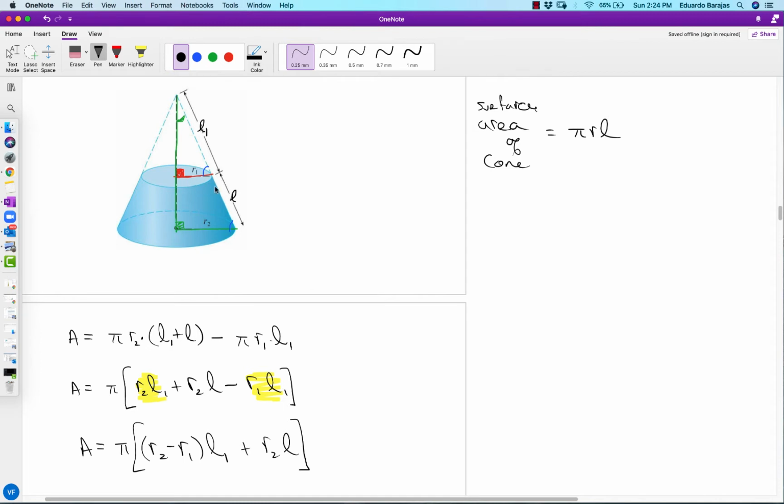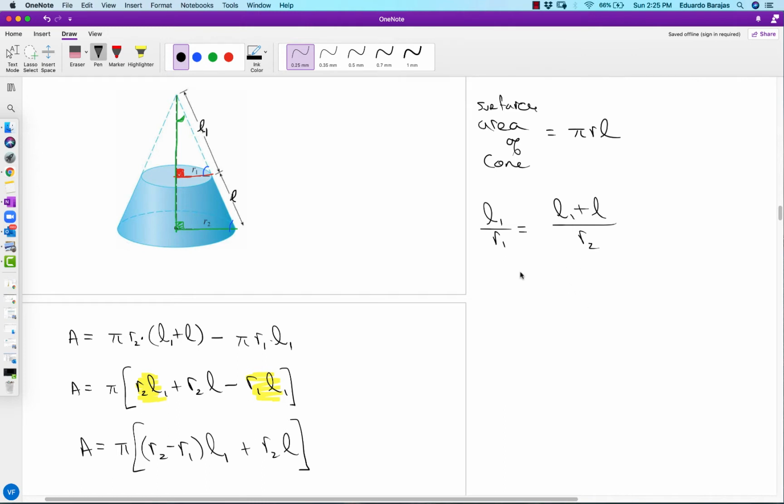Because they are similar triangles, we can conclude that L sub 1 divided by R sub 1 is equivalent to the summation of L sub 1 plus L divided by R sub 2. So L sub 1 divided by R sub 1 is equal to L sub 1 plus L divided by R sub 2.